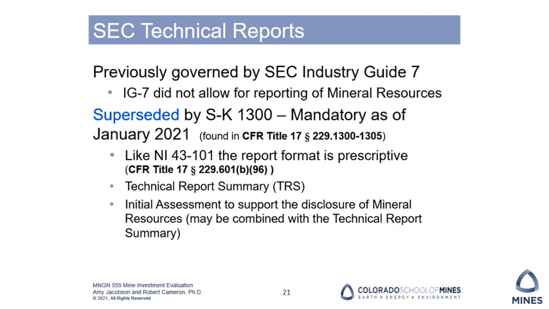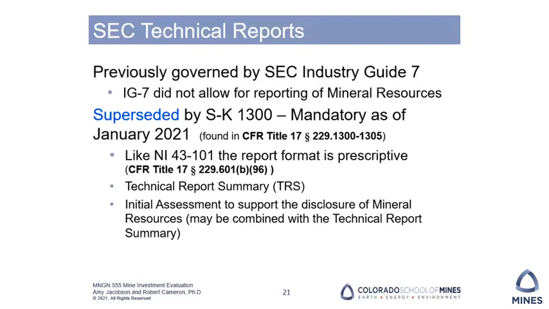Now, with SEC technical summary reports, we see that it's a prescriptive format. In other words, you've got to have all these sections. Part of it is whether or not you're doing something akin to a preliminary economic analysis, a PEA, or a pre-feasibility study, or a feasibility study.